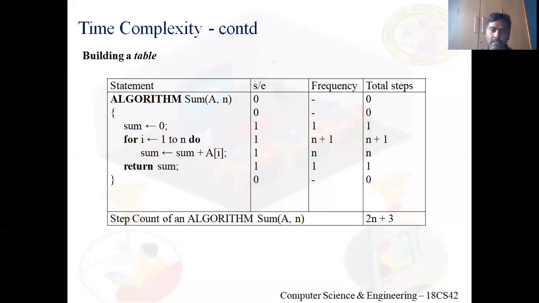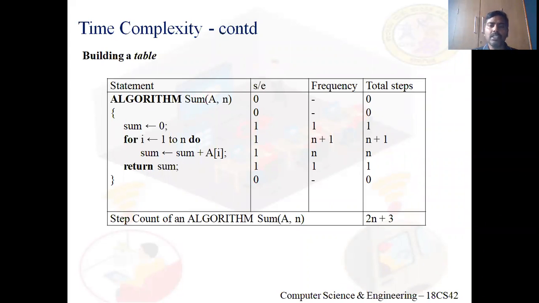When i is 1, it is within the range n, so sum equals sum plus a of i will execute. When i is 2, again it will execute. When i is 3, it is going to execute. Similarly, when i is n, it is going to execute. So sum equals sum plus a of i is going to execute n times.